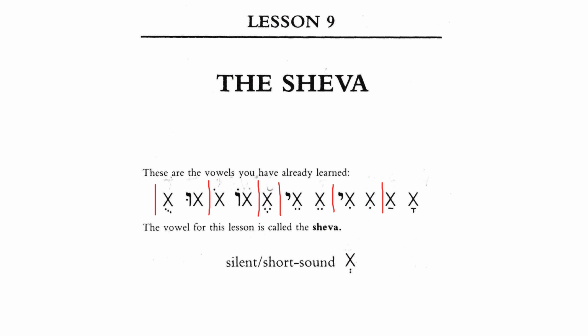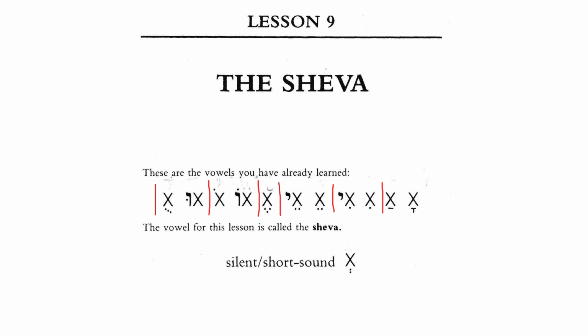Now, I am going to disagree with the book in this case. There are different views. I've found that most grammar books tend to say that the Shavah is not a vowel. It's a vowel placeholder, but it's not a vowel. Again, every consonant has to have a vowel underneath it, but some consonants won't take a full vowel, and so the Shavah is put in its place.